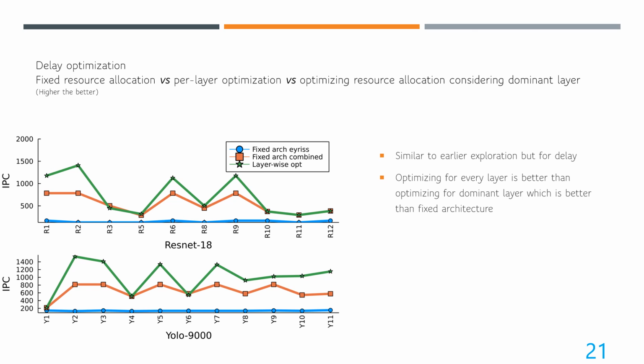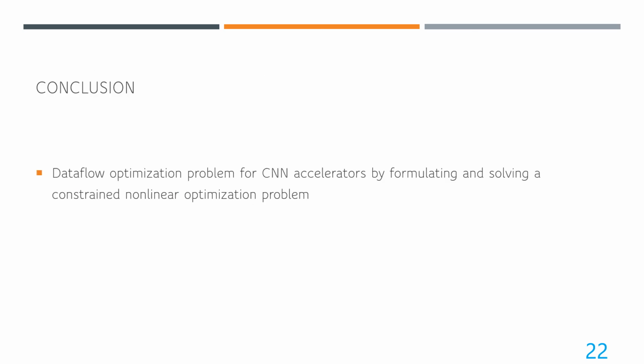We present a novel solution to the data flow optimization problem for CNN accelerators by formulating and solving a constrained nonlinear, in particular disciplined geometric programming, optimization problem that is solved by the off-the-shelf convex solver CVXPY.